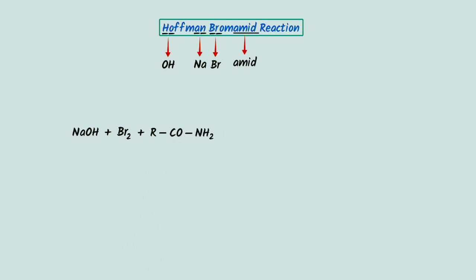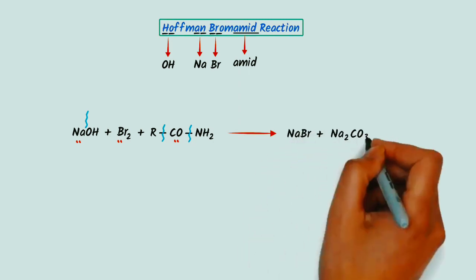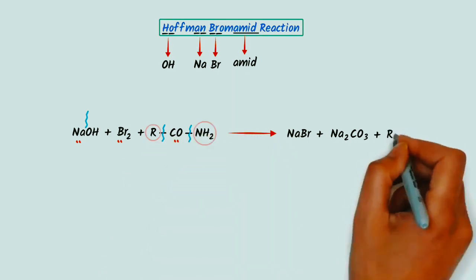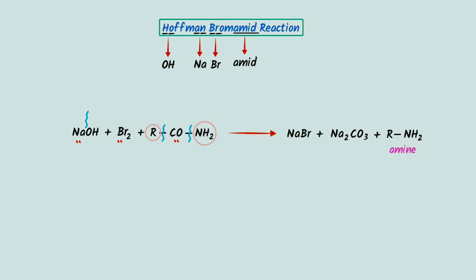So these are the reactants of this reaction. Now I break sodium and hydroxide. I break R, CO and NH2. Sodium will attack on Br and CO. I get sodium bromide plus sodium carbonate. This R and NH2 will combine together to form amine. So this is the Hofmann bromamide reaction.